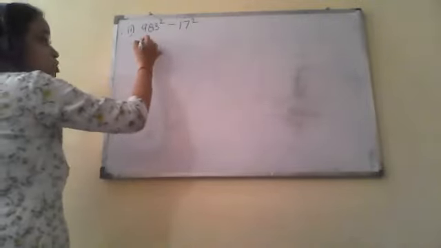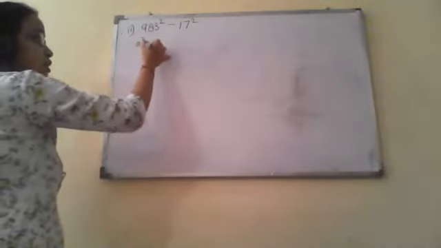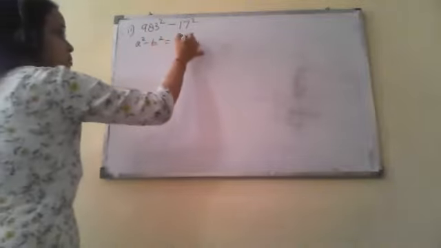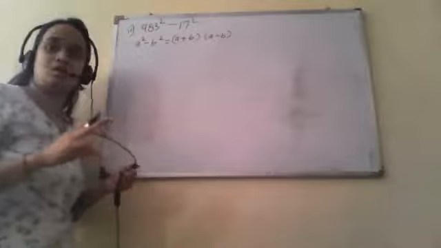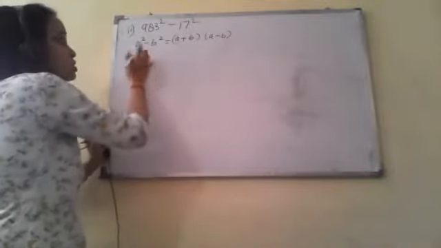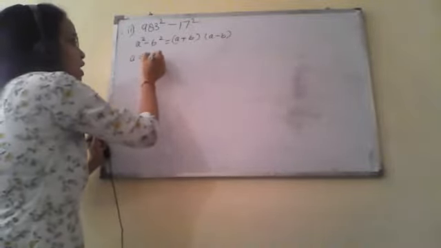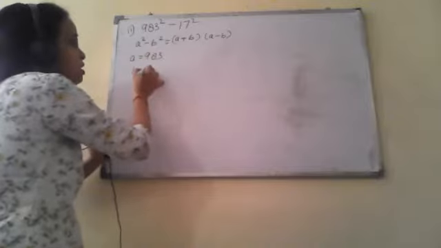So the identity was, we are using it both ways. a square minus b square was (a + b) into (a − b). We can use it vice versa, we can use any side.